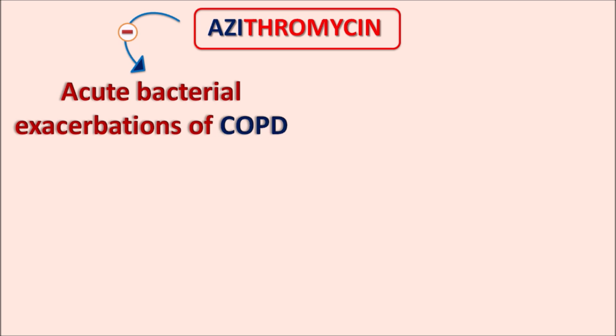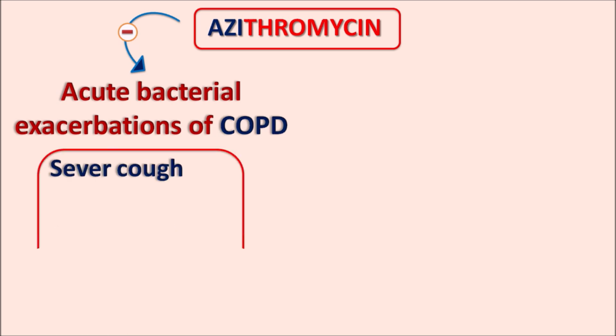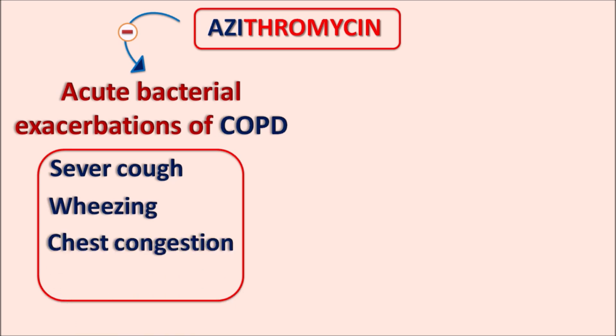In COPD, when the bacterial infection is increased, it leads to symptoms such as severe cough, wheezing, severe chest congestion and dyspnea, difficulty in breathing, in the patients. In such a situation, azithromycin can be used to control the bacterial manifestations.